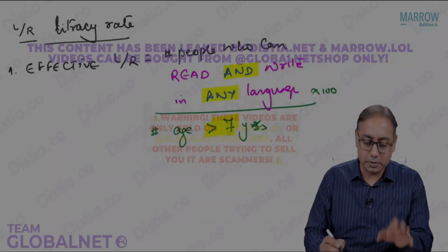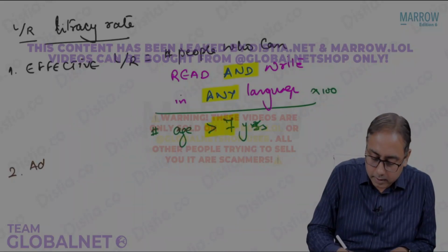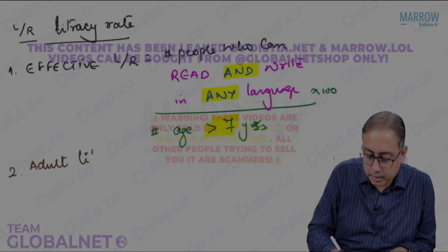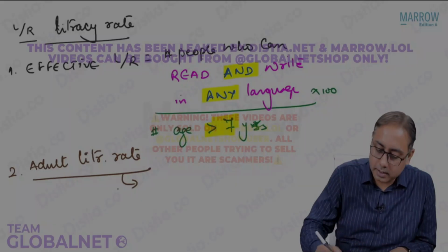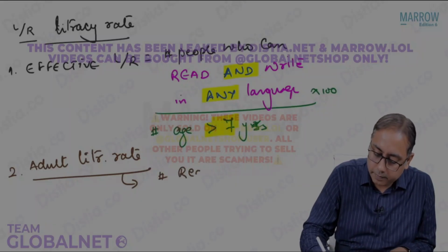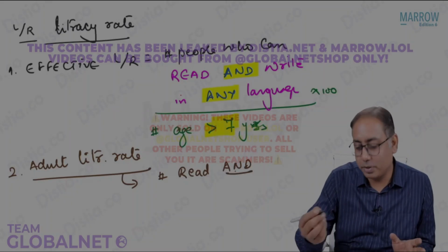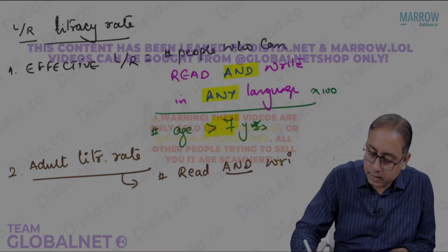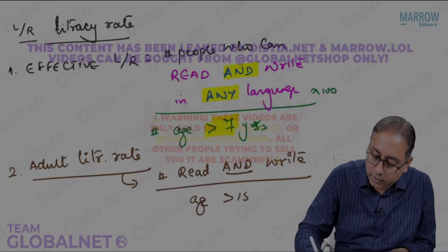Now comes the question, what is the adult literacy rate? The answer is the same: it is the number of population who can read and write in any language divided by the population of age more than 15 years.